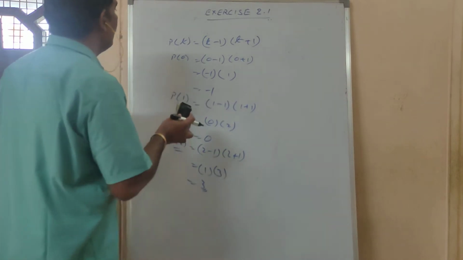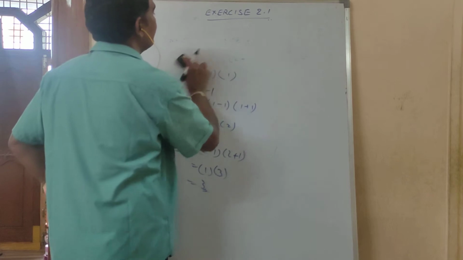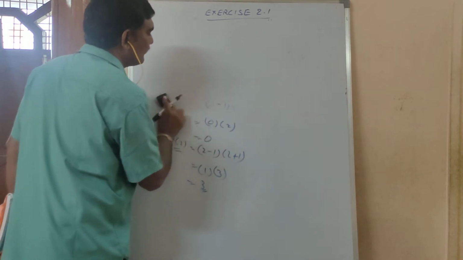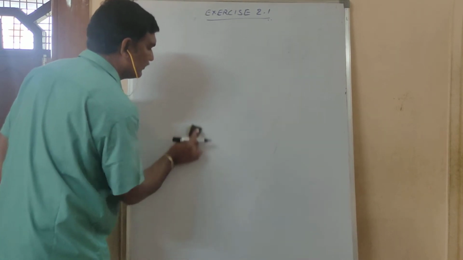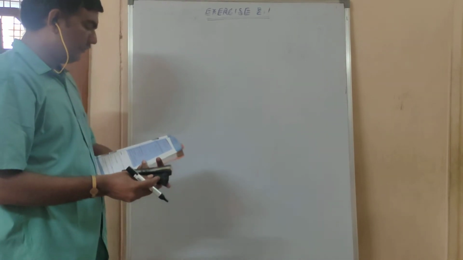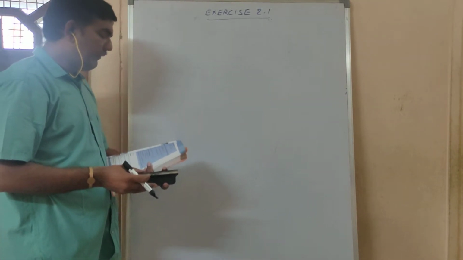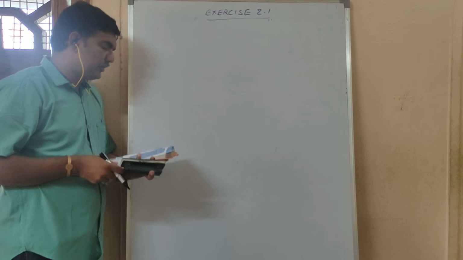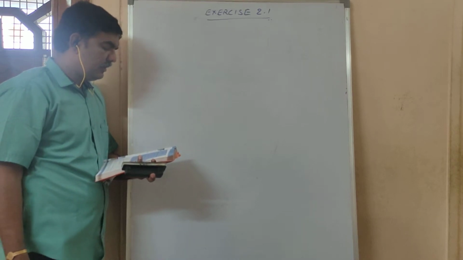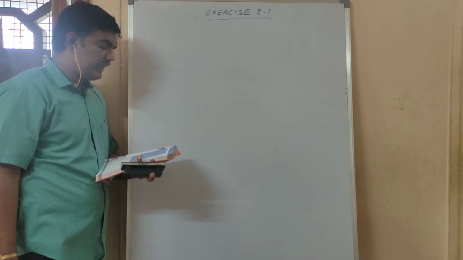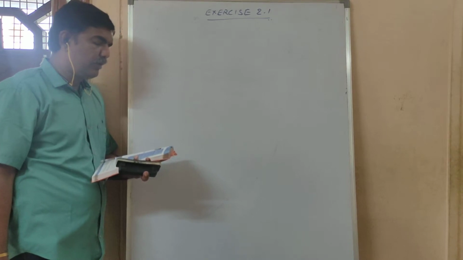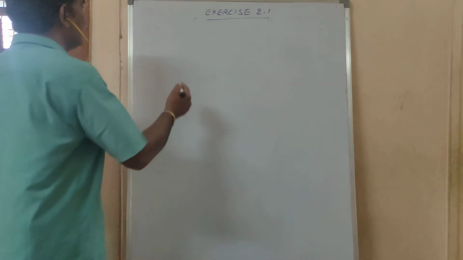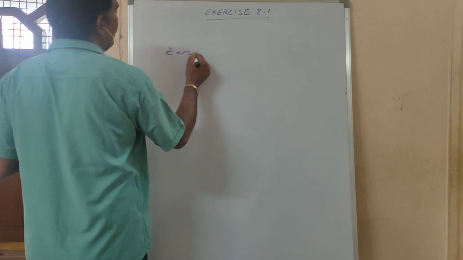Okay. Now we will go for third problem in this. What is the third problem? That is verify whether the values of x given in each case are the zeros of the polynomial or not. First, zeros of the polynomial.